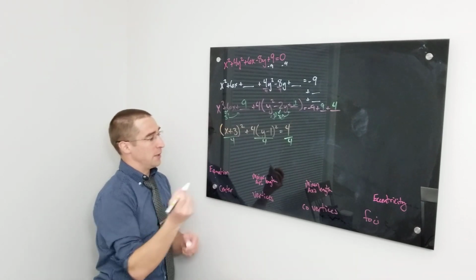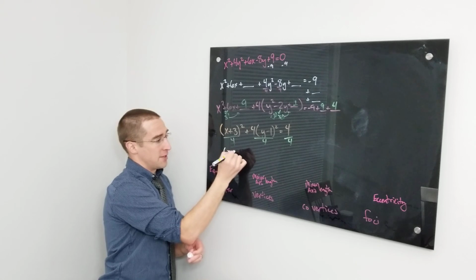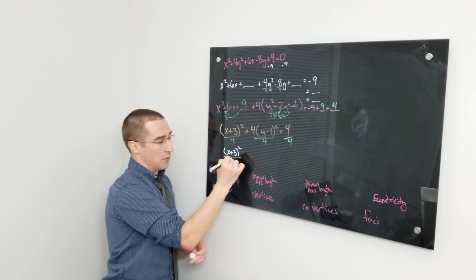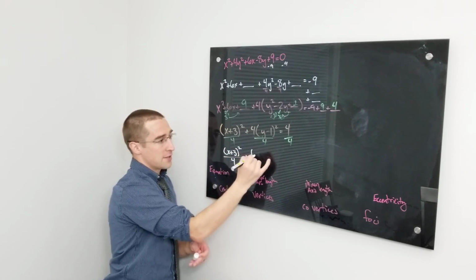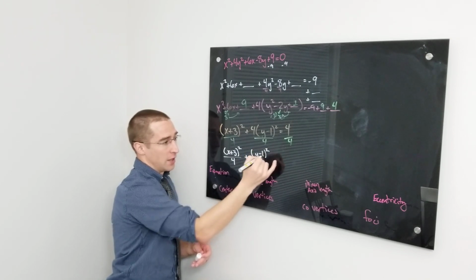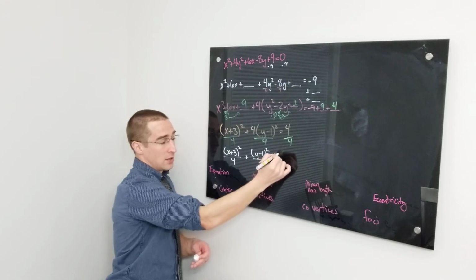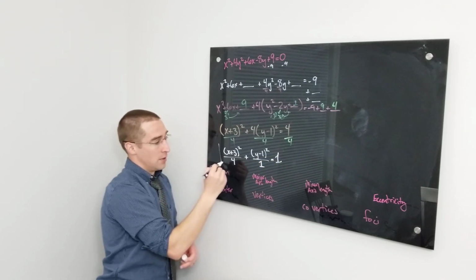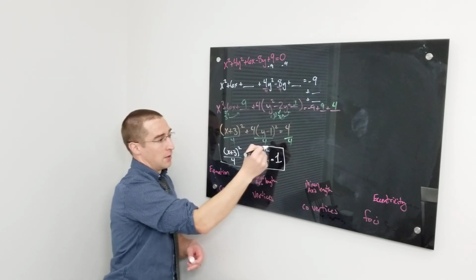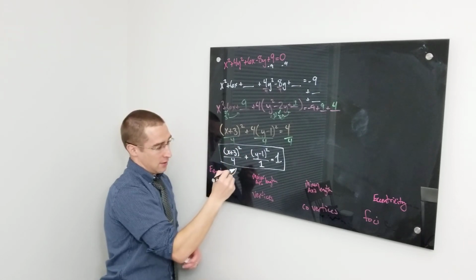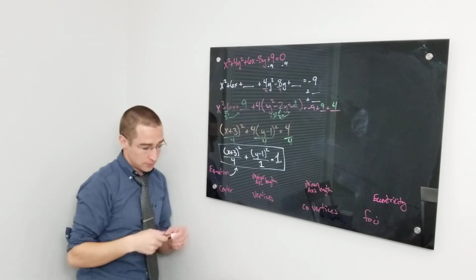That gives me x plus 3 squared over 4 plus y minus 1 squared over 4 divided by 4 gives me 1 equals 1. And boom, that's our standard form equation.